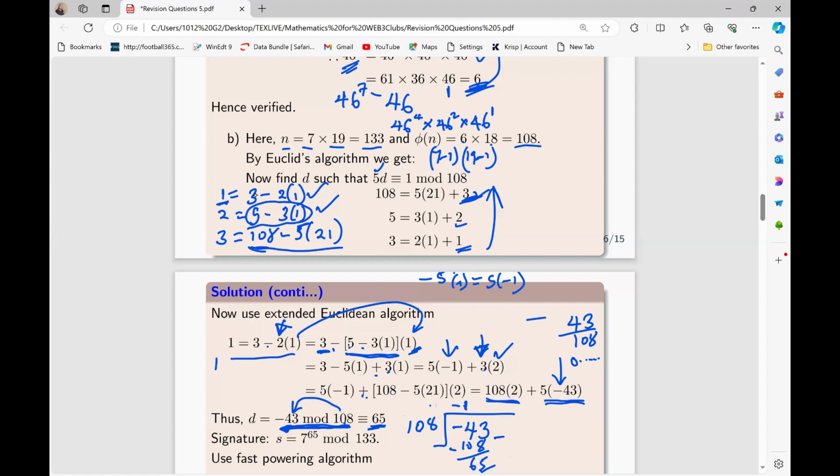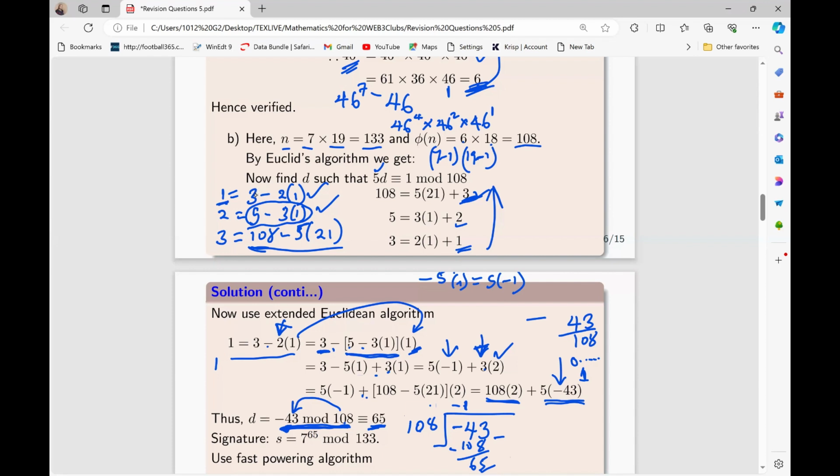So then I approximate this number, I take it to the next whole number. The next whole number is 1. Then you just give it a negative sign. So then that means 108 goes into negative 43 negative 1 times.